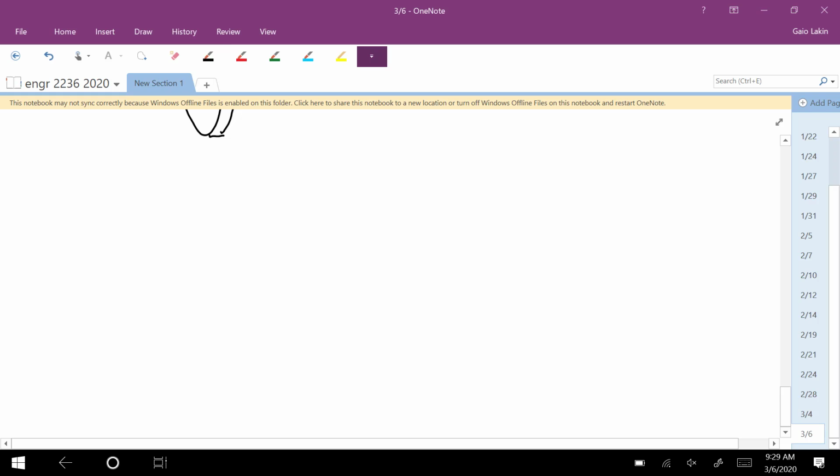Okay, so we're going to use this definition again. I sub A is equal to the integral over all the mass of little r squared dm.